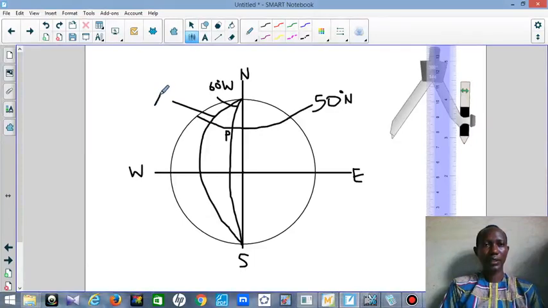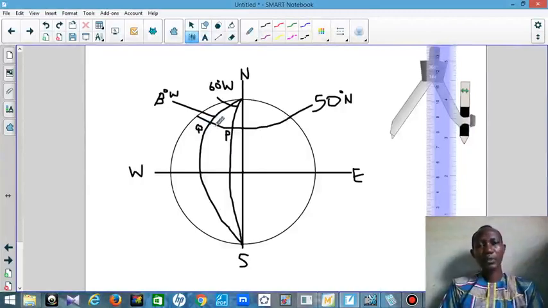Let's call it beta. So beta degrees west. We don't know it, it's what they want us to calculate, but make sure you label it in your sketch, and that is point Q.